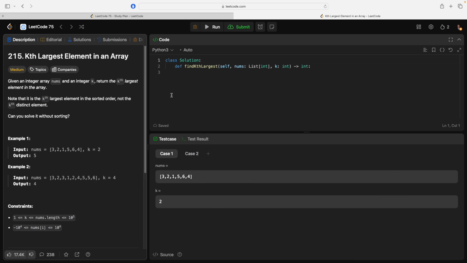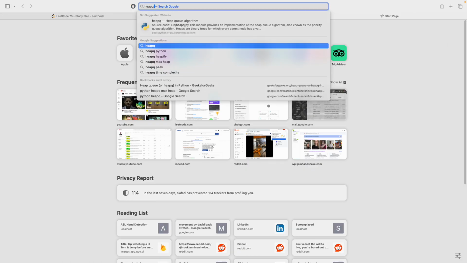So this would just be turned into a max heap, right? Which would be sort of sorting.